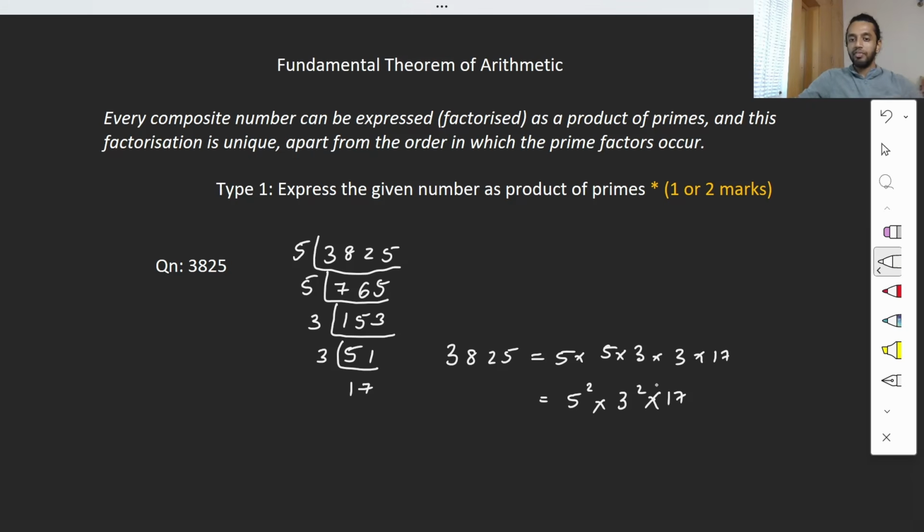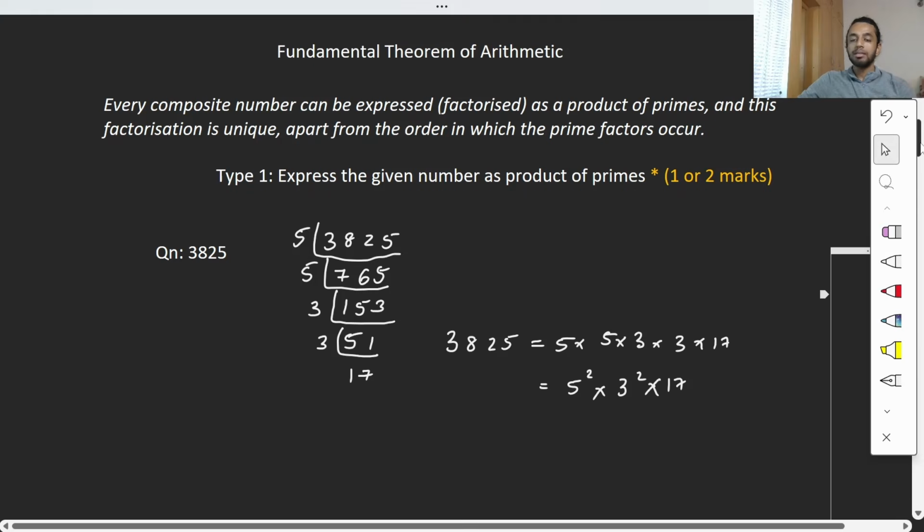So the order may differ, but everyone will get 2 5s, 2 3s, and 1 17 if it is done right. That is what the theorem says: the given composite number can be expressed as a product of primes, and this factorization is unique in the sense that everyone will get the same answer, but the order may differ. And it is okay if it differs, because we know that multiplication is commutative.